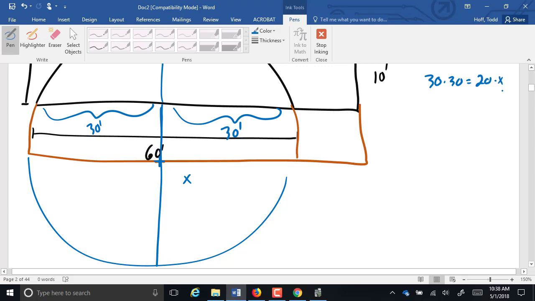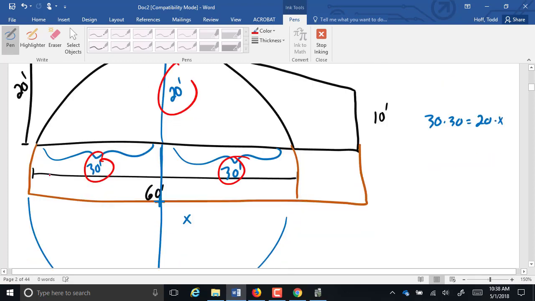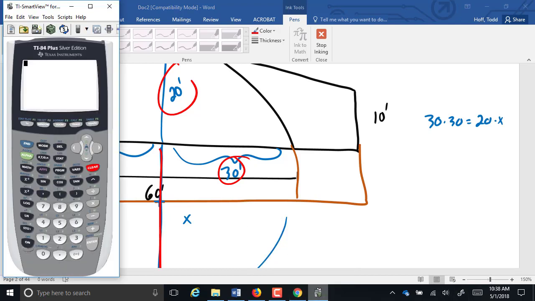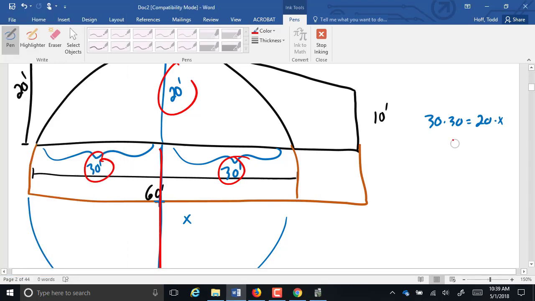That's that arch formula. 30 times 30 equals 20 times X. So what's that come out to be? It does come out to be 45 for X, which means our diameter is 65, which means our radius is 32.5 feet.